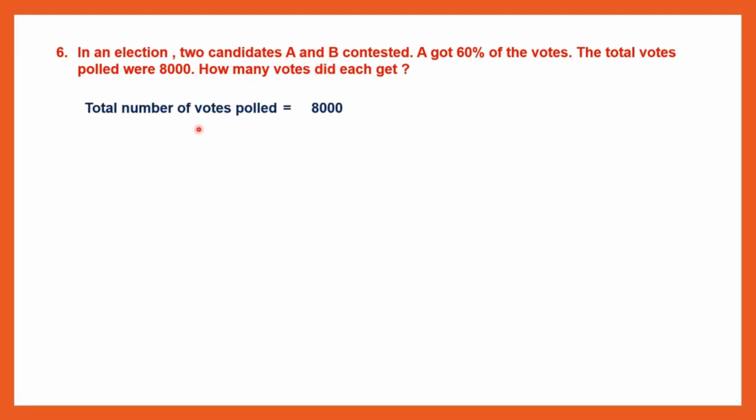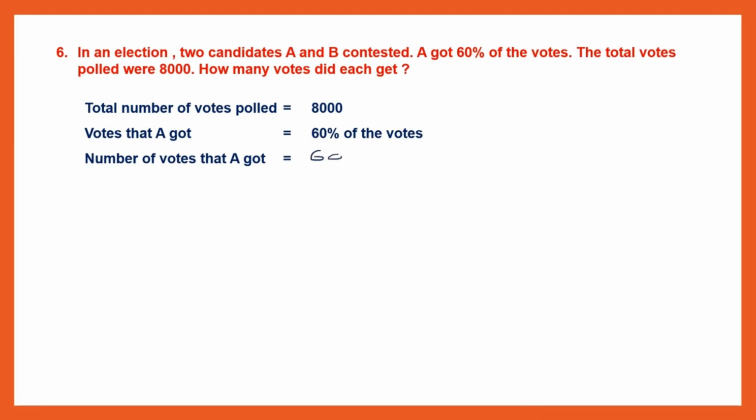Let's begin by writing what's given. Total number of votes polled is 8,000. Out of this, votes that A got is 60% of the votes. And how much is that? 60%. Number we have to find. For that we say 60% means 60 by 100. Of is into, and the votes is the total number of votes, which is 8,000.